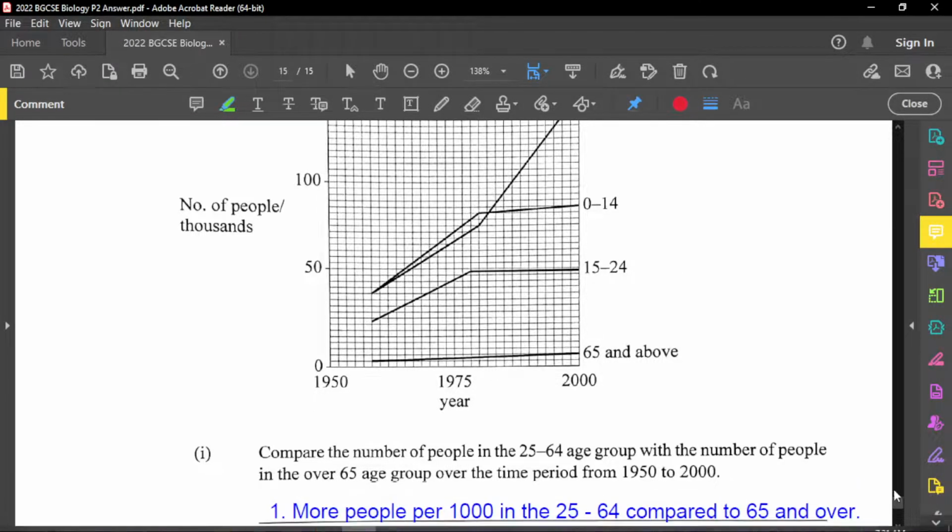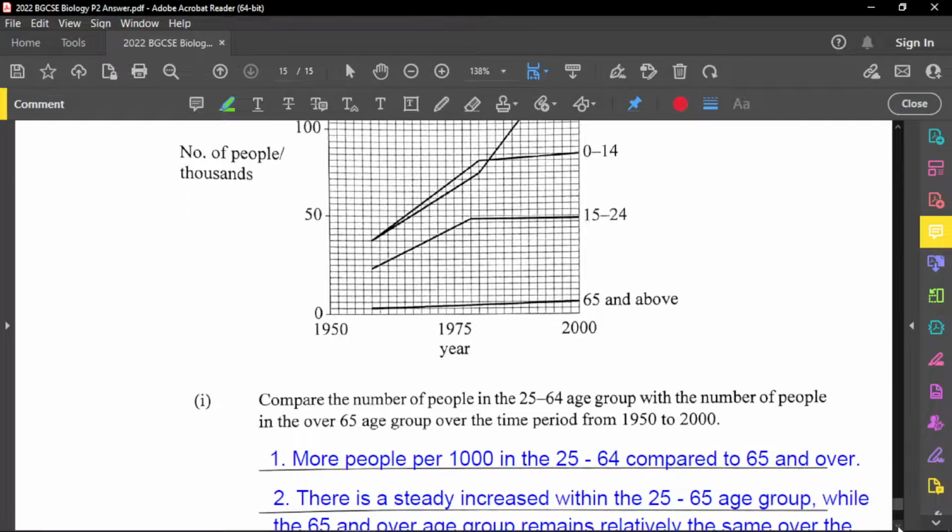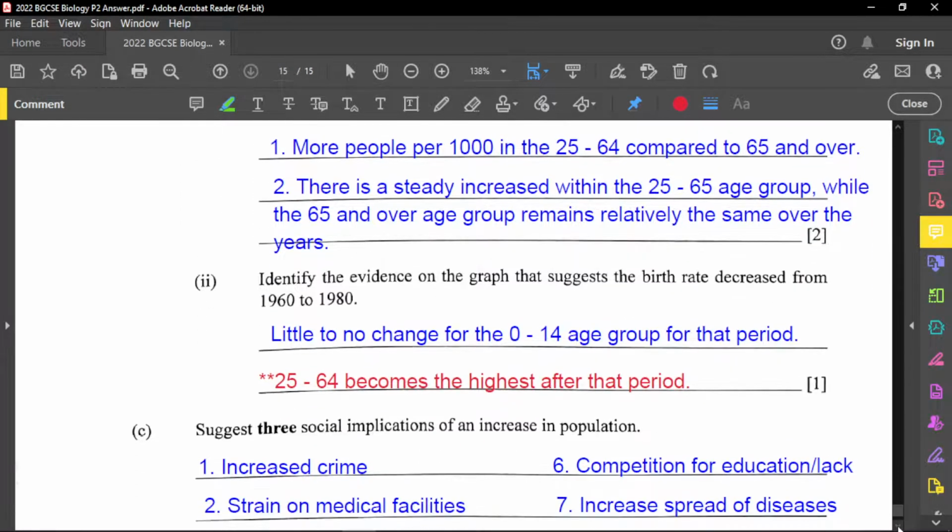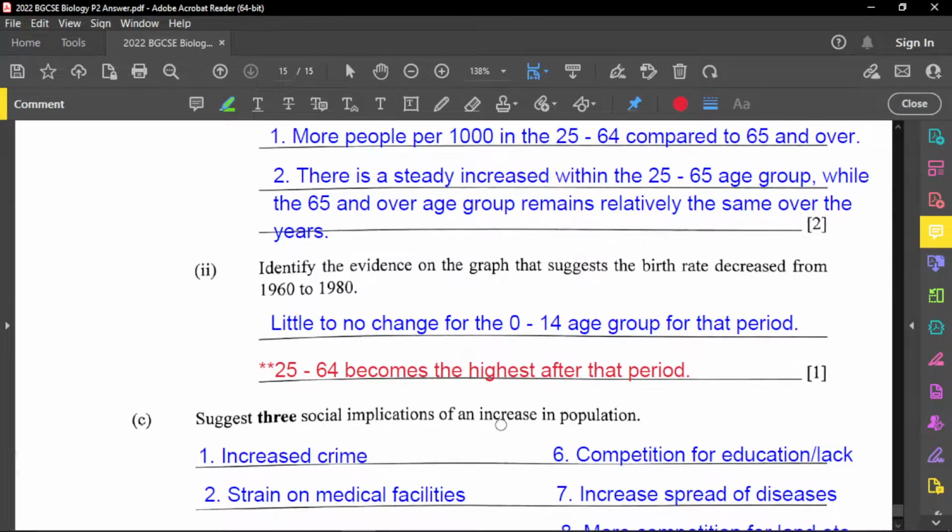And so let's just go to the answer now that I wrote down. There was little to no change in the 0 to 14 age group for that period of time. And in fact, what happened here is that the 25 to 64 age group becomes the highest after that period of time.